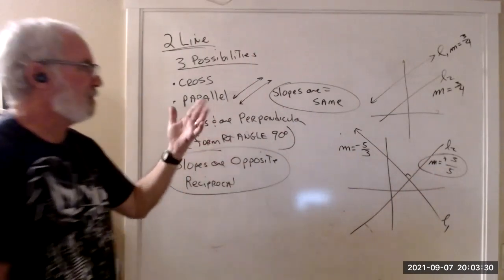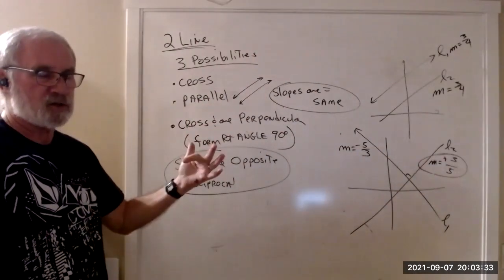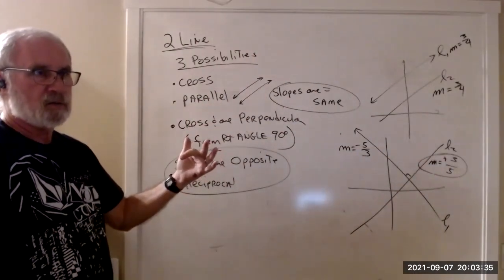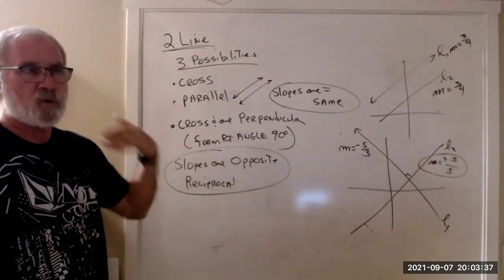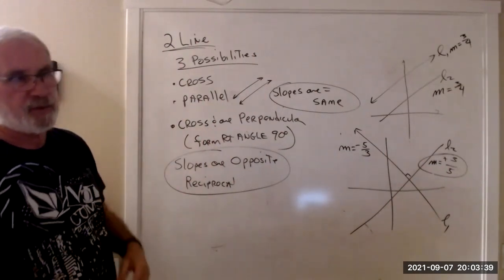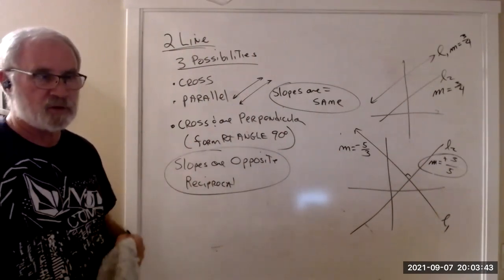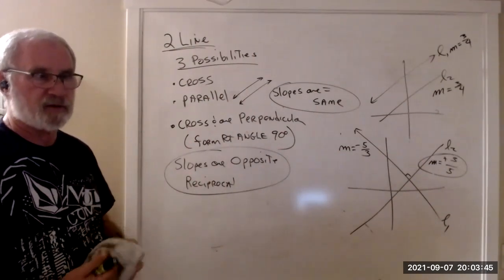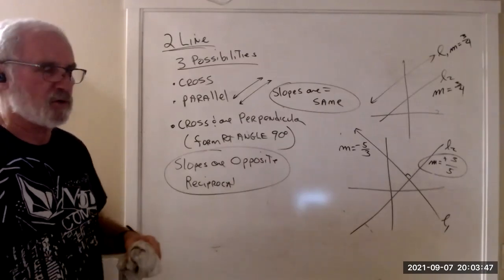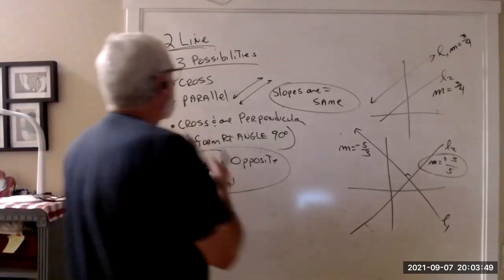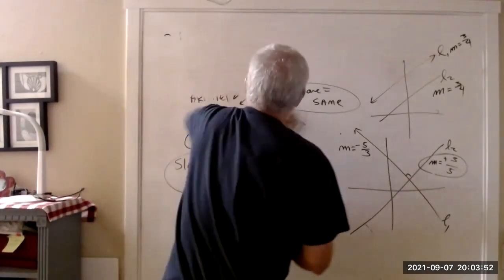Any questions about parallel lines, perpendicular lines? You may get a whole slew of questions asking, are these lines parallel or are they perpendicular? All you have to do is look at the slopes. Are they parallel or perpendicular? A little bit more difficult than that, but I'll let you guys yell at me.